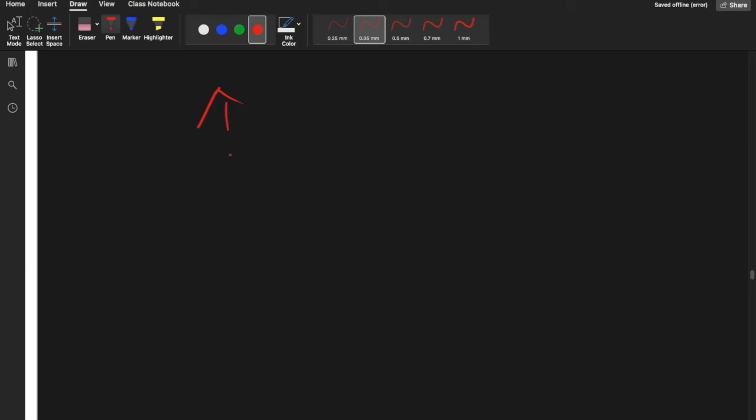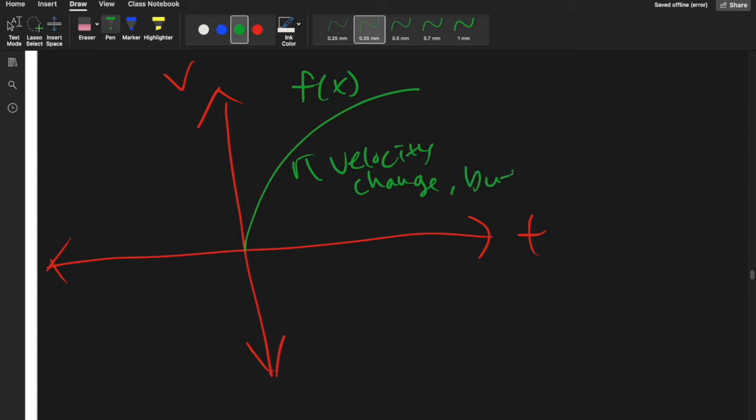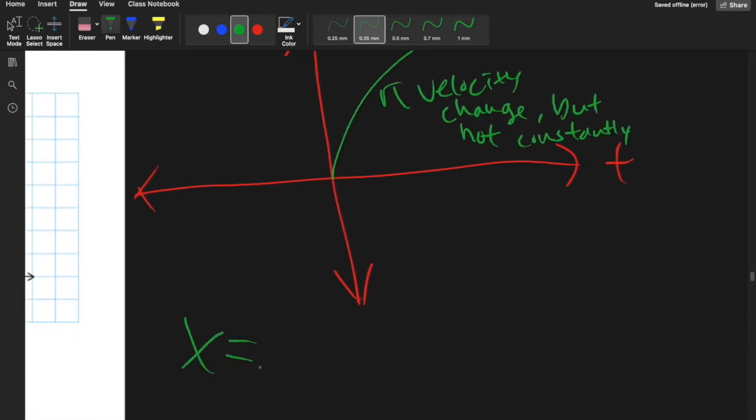Here is a diagram, right? And here's t. Let's start from velocity versus time. And then I will just draw a curve. So let's assume the curve has a function of f of x. And here the velocity changes, but not constantly. But we know that displacement is equal to velocity times time.